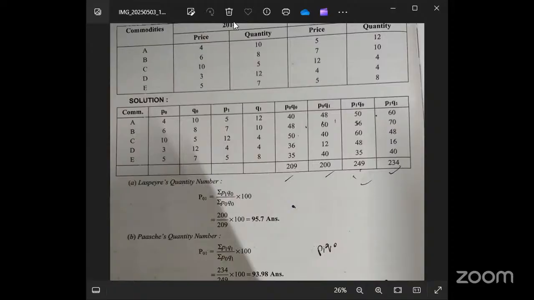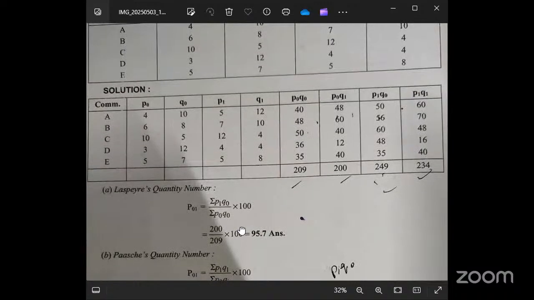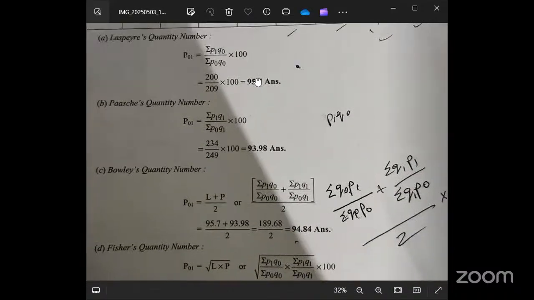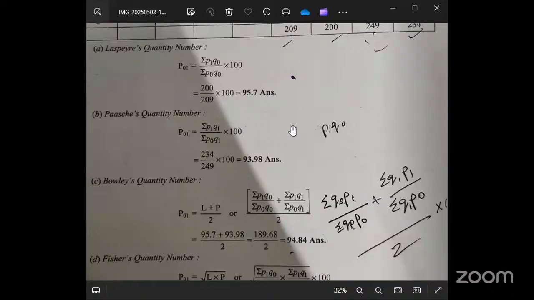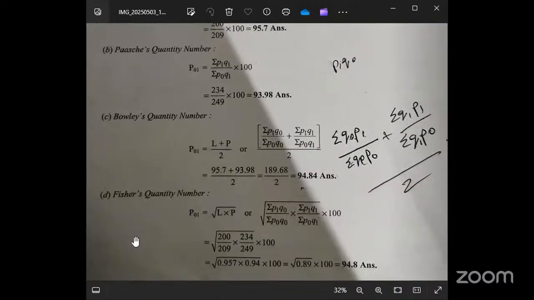Previously we used to do price index numbers. Now we are doing quantity index numbers. Laspeyres quantity index numbers, Paasche quantity index numbers, Bowley quantity index numbers, Fisher quantity index numbers.